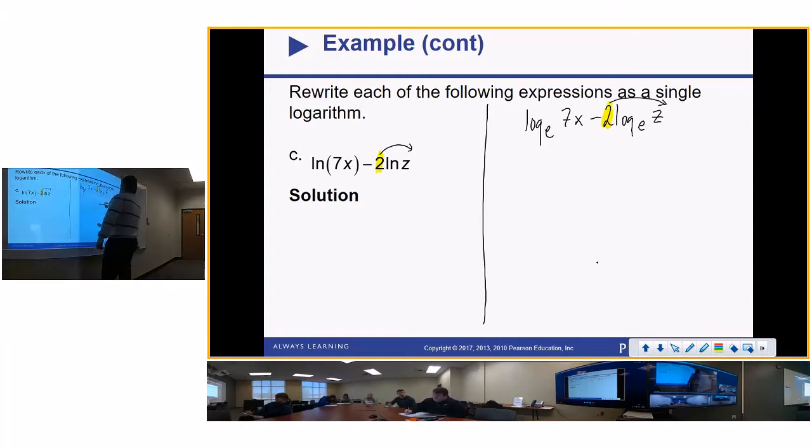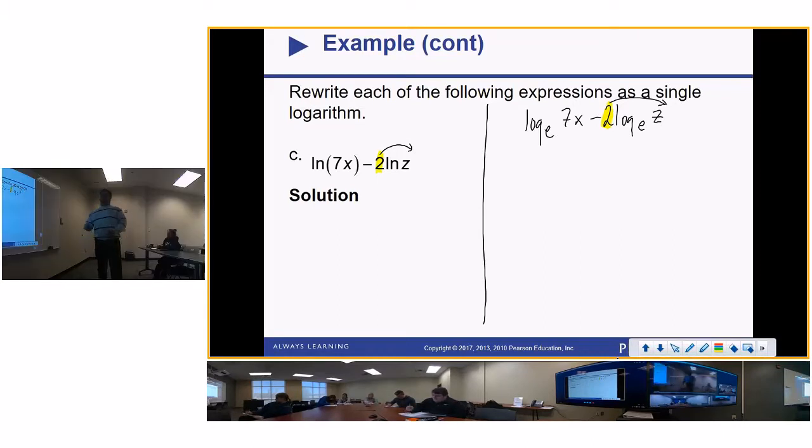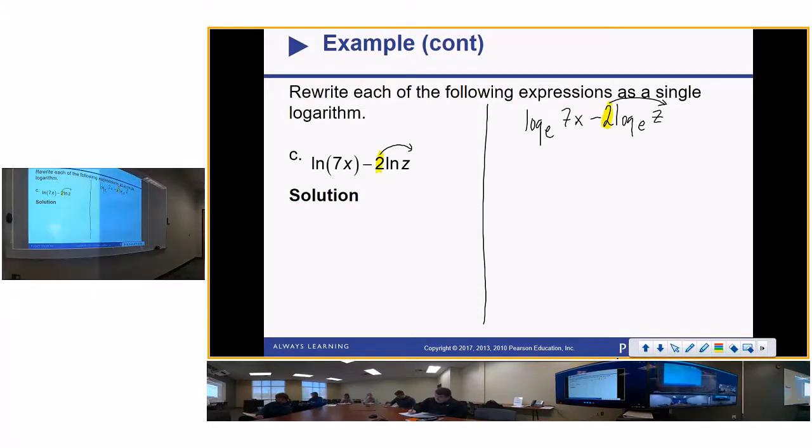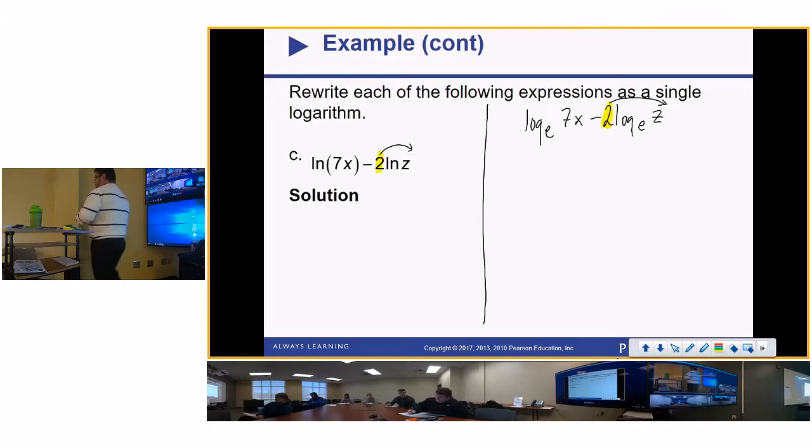I really want to stress this problem. Remember me telling you in calculus you're going to change the radical to an exponential? Well, in calculus you're going to get a lot of these logarithms and you're going to have to use the power rule a good bit. So make sure you know how to use the power rule.